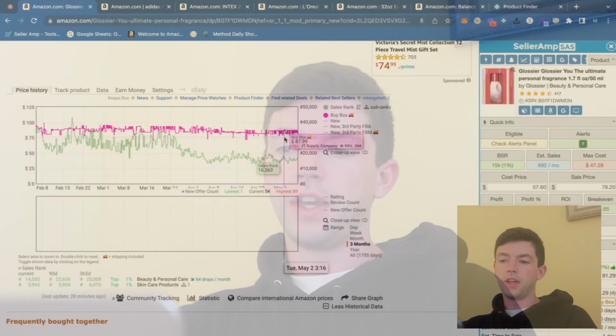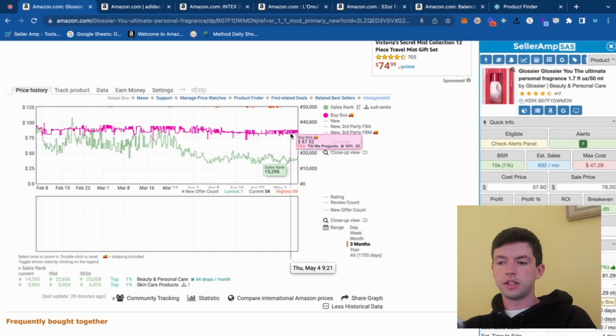So if you ever see someone that's pretty low priced and they're not getting the BuyBox, it's either because their delivery dates haven't caught up yet, their product's still on the way to Amazon, or there's a good chance their stock is located in a way different warehouse. As an FBA seller, you're typically sending your product into an FBA warehouse, and sometimes it gets transferred to different regions of the country.